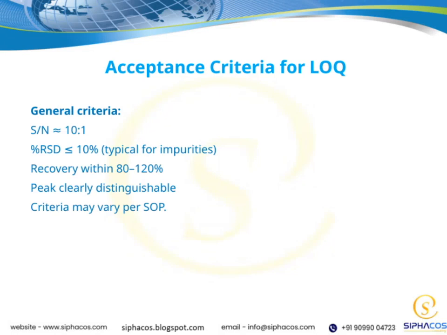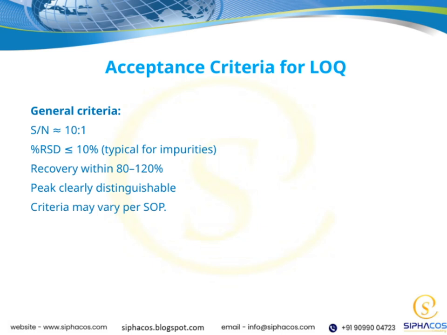All right, let's talk about the acceptance criteria for the limit of quantification, or LOQ. First, the general criteria include a signal-to-noise ratio of approximately 10:1, which helps ensure that the detected signal is reliably distinguishable from the background noise. Next, the relative standard deviation, or %RSD, should typically be less than or equal to 10%, especially when we're dealing with impurities, to confirm the precision of the measurement.